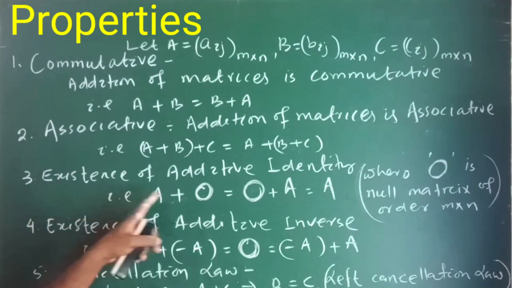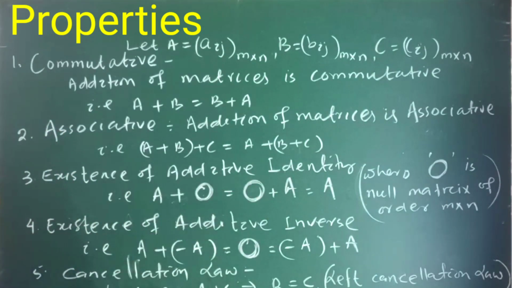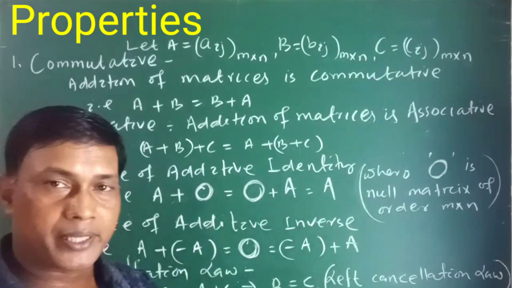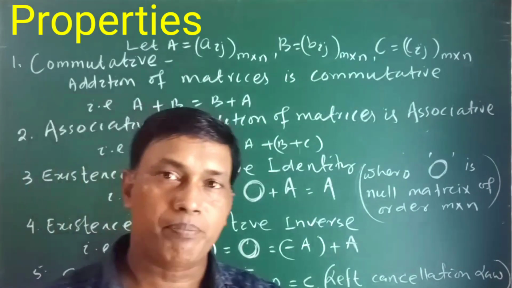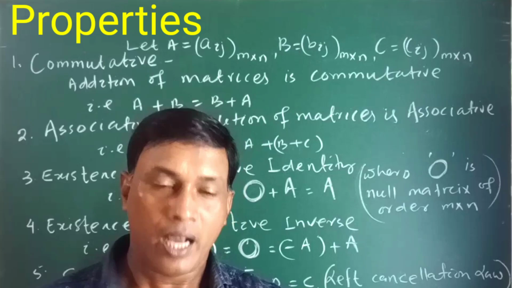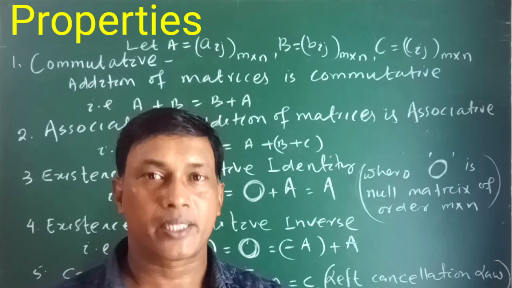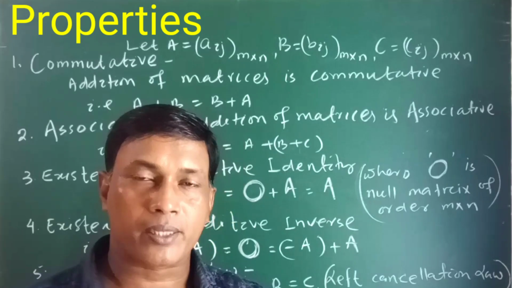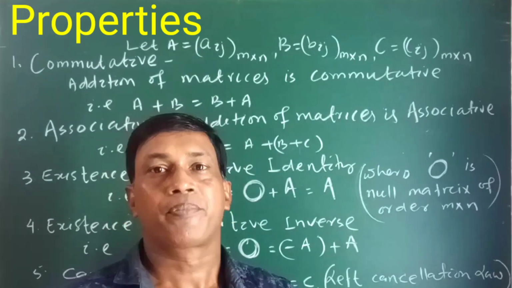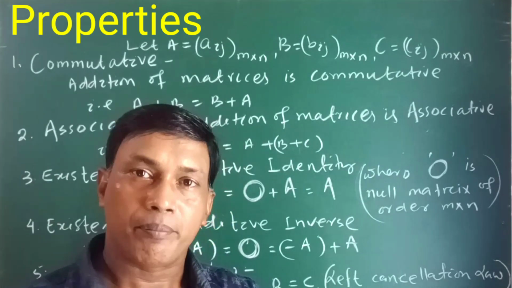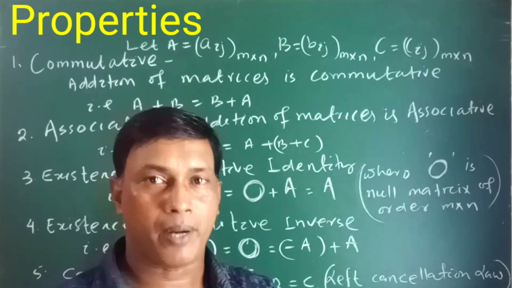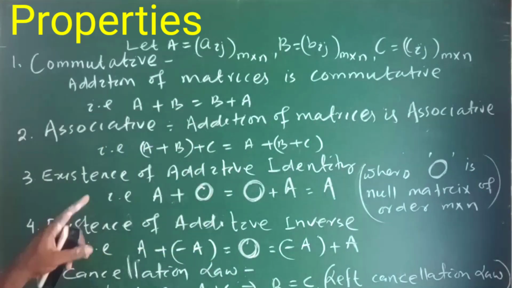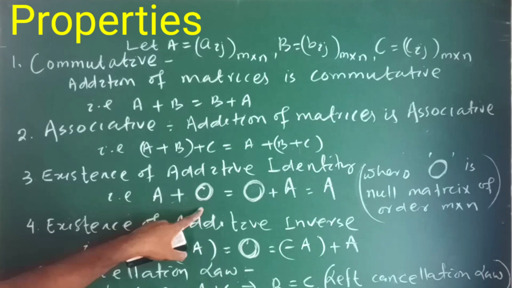Next is the existence of additive identity element. You know, dear students, 5 plus 0 is 5. Adding 0, the value does not change. This 0 is the identity element. Like numbers, there is also an additive identity matrix in matrix operations. How? A plus null matrix.